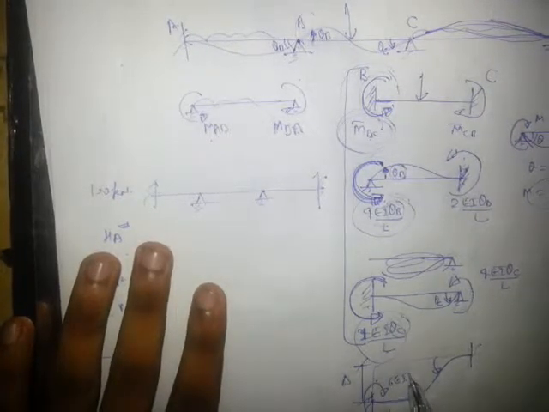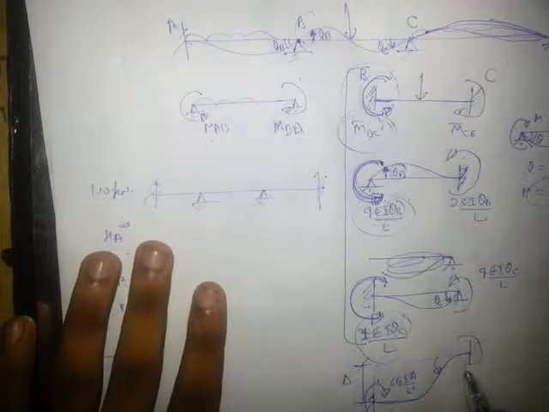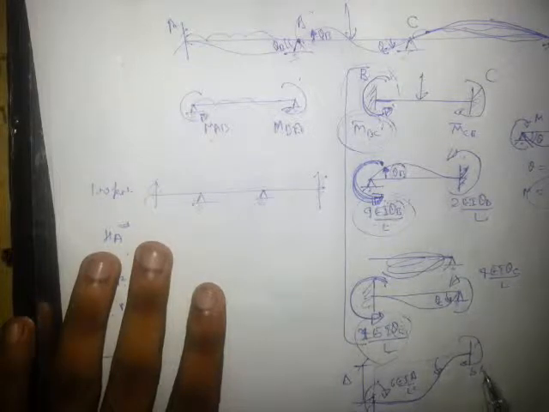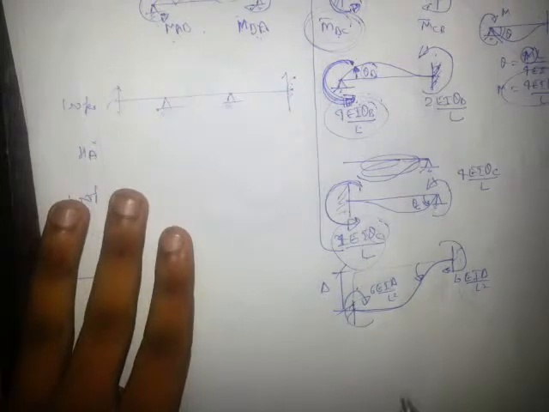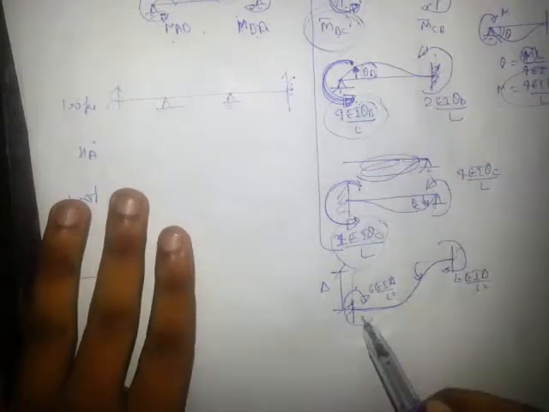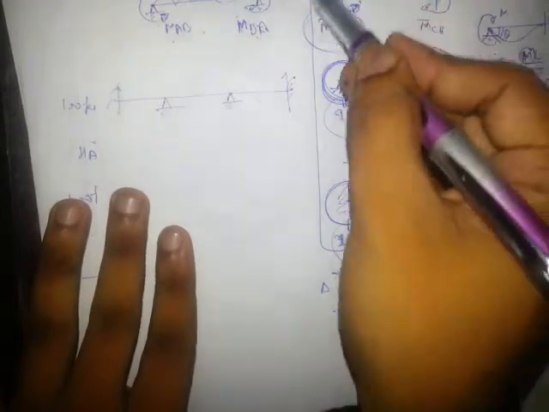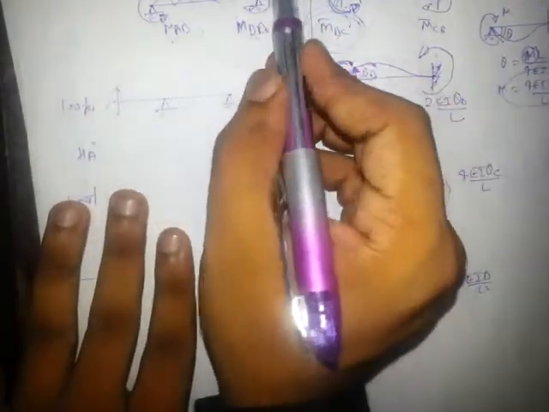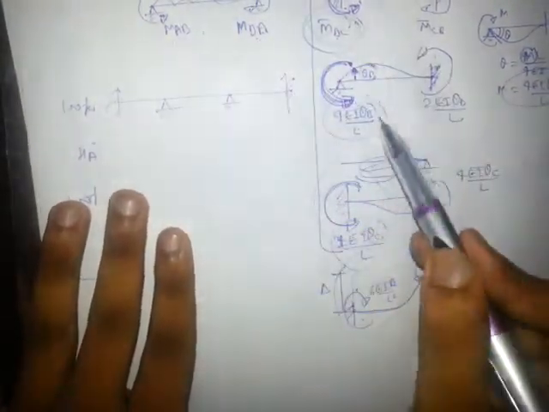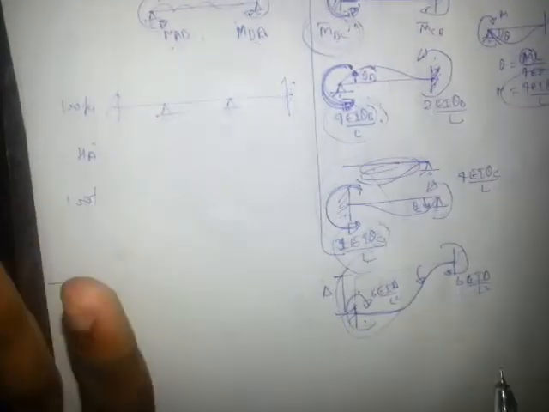It will be 6 EI delta divided by L square and 6 EI delta divided by L square. So at most these four conditions can be present, and the effect of all of these should be added. We can say the final end moment MBC will be this plus this plus this plus this, with sign, right?